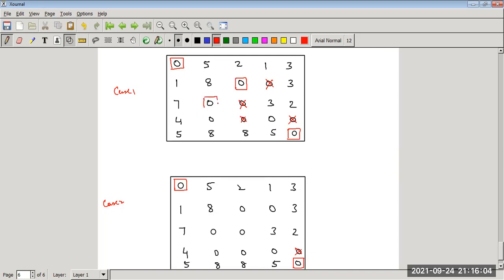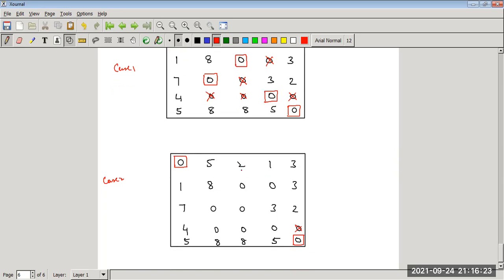We have only 1 zero, assign this and cross this. Now in the 4th row, we have only 1 zero, so we assign this. Now 5 assignments are completed. But here we have assigned this one, but there is another 0 in this same row. So in the second column, what would happen if we assigned this? We cross this one and this one.